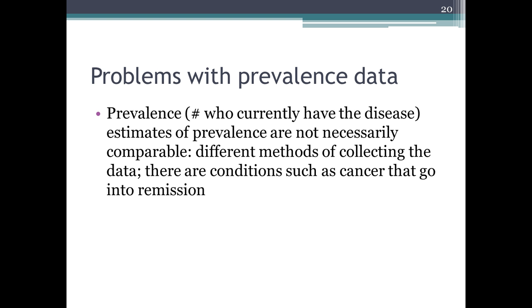Now, there are some problems with prevalence data that we need to remember. Prevalence, as I've mentioned, covers those who currently have the disease, and sometimes it's very hard to compare the estimates of prevalence. There are many different methods of collecting the data that could cause problems.